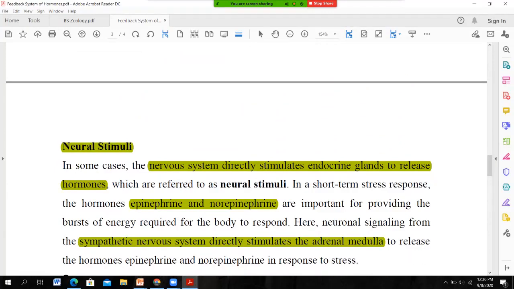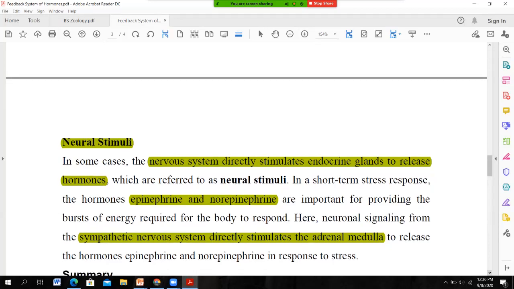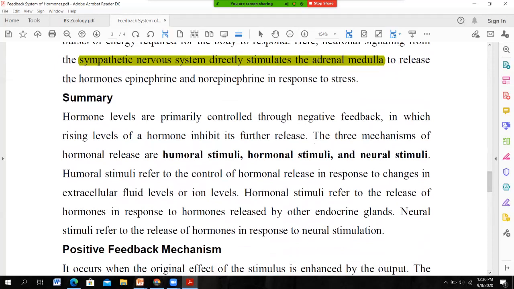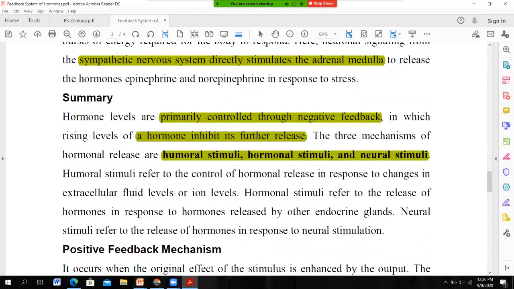Hormone levels are primarily controlled through negative feedback, in which rising hormone levels inhibit further release, and three important mechanisms are involved: humoral stimulus, hormonal stimulus, and neural stimulus.